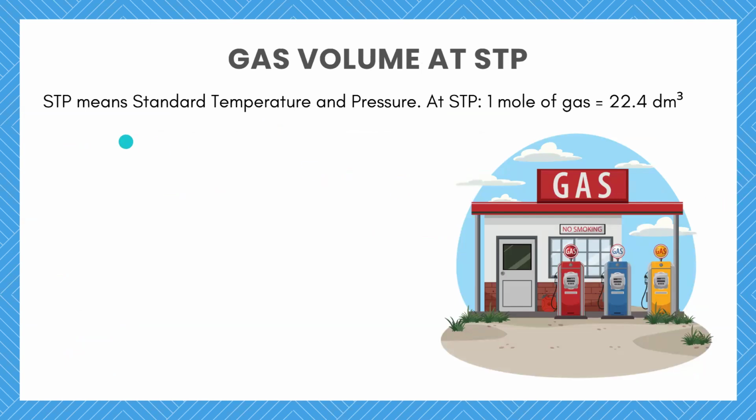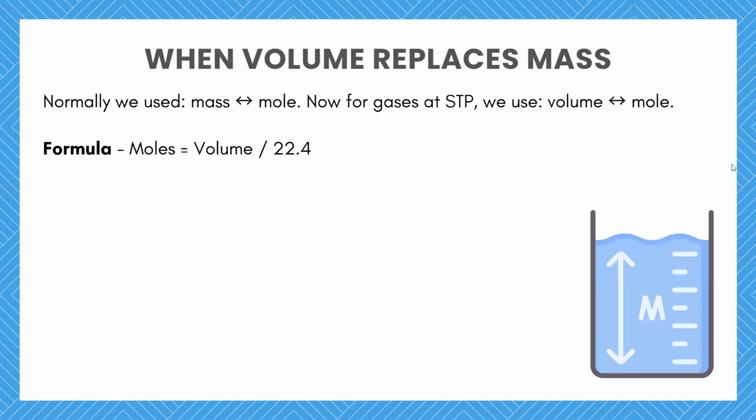It is the standard temperature and pressure, STP, okay? So STP is actually an acronym in chemistry that stands for standard temperature and pressure. Now, when those conditions are attained, 1 mole of a gas occupies 22.4 dm³. That's decimeter cube or 22.4 liters.